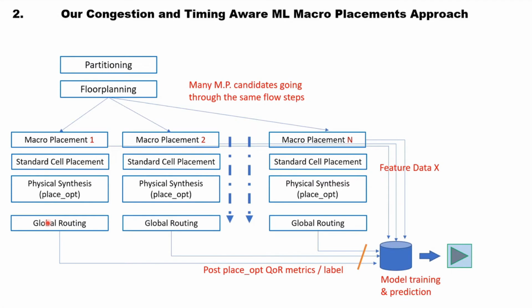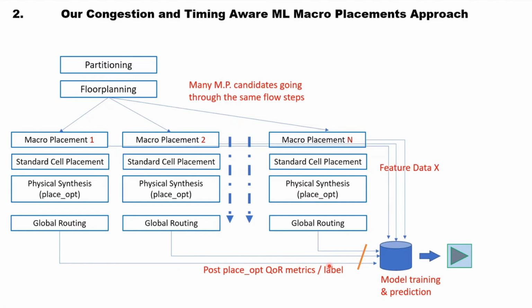This slide shows how we collect machine learning training data to train the machine learning model. For each design, we create lots of different macro placements. Then we extract 65 pre-defined macro placement characteristics as machine learning features. For each macro placement, we perform standard cell placement, physical synthesis, and global routing to get post-optimization timing and congestion results.